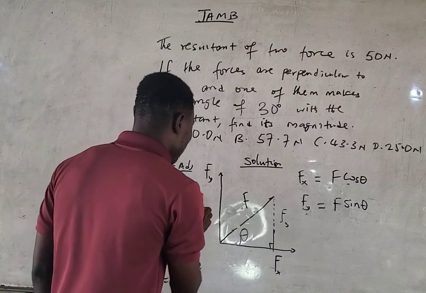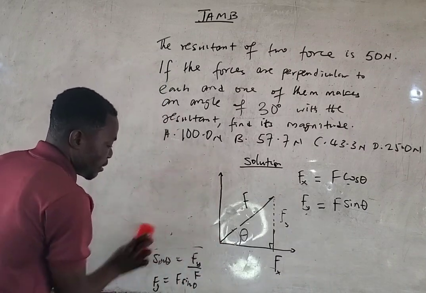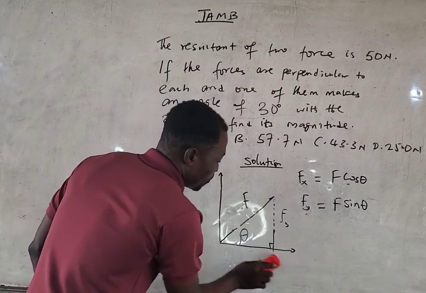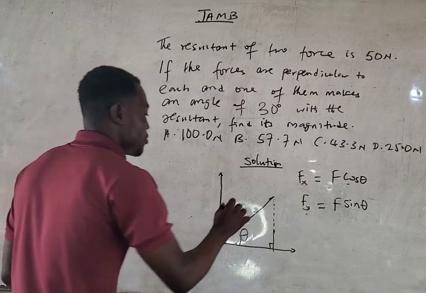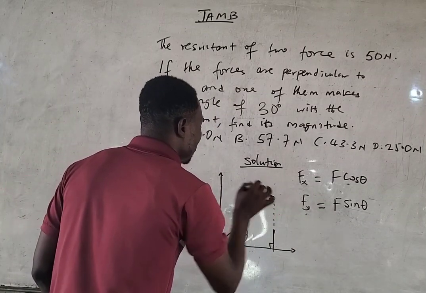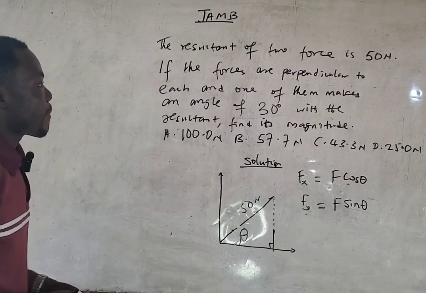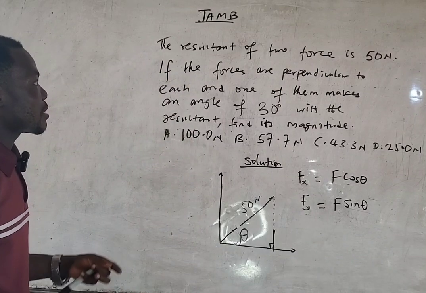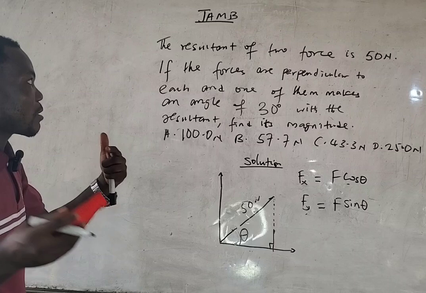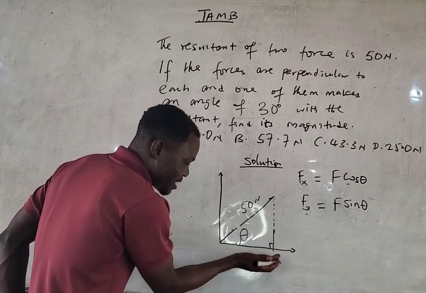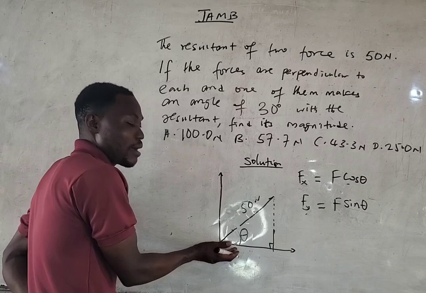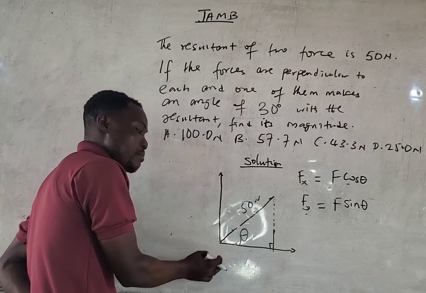So in order to solve the question on the board here, we're going to put the resultant as 50 Newton. So here is 50 Newton. And if the forces are perpendicular to each other and one of them makes the angle, it is either this or this one that makes the angle.